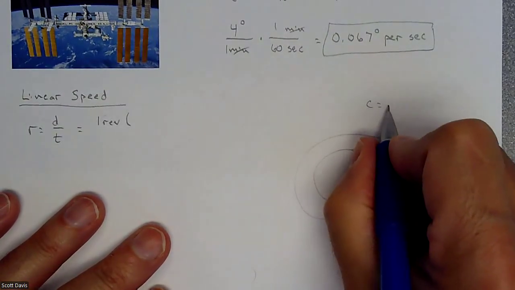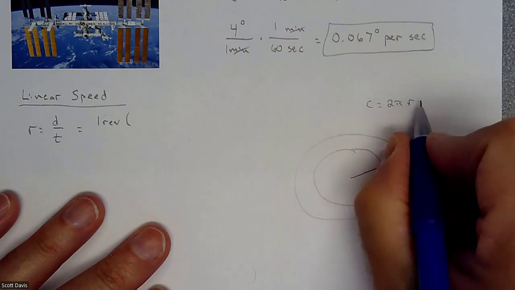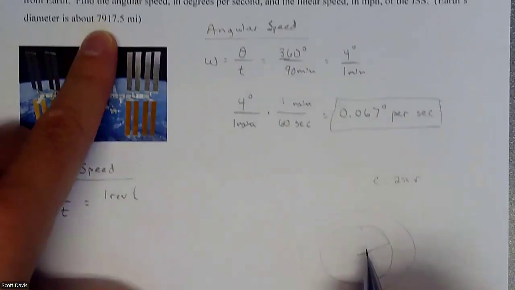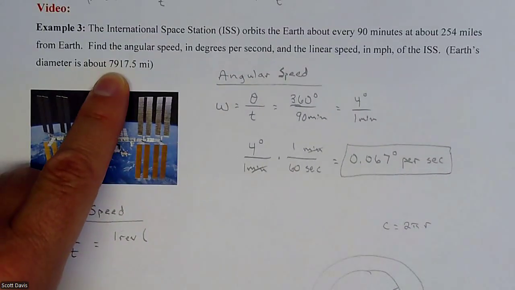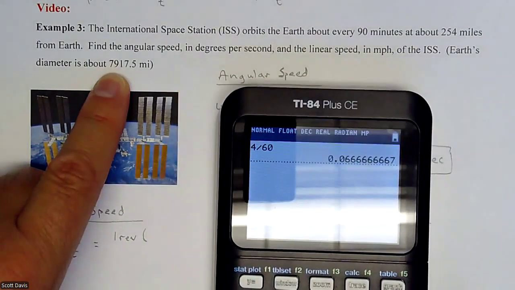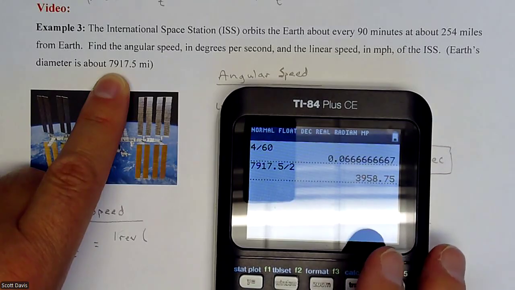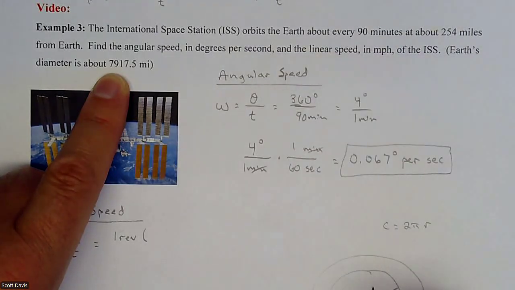So our circumference is 2 pi times r, and our radius is half of that. So half of 7917.5 divided by 2. So there's our radius, 3958.75. But then the International Space Station is out here going in that direction.